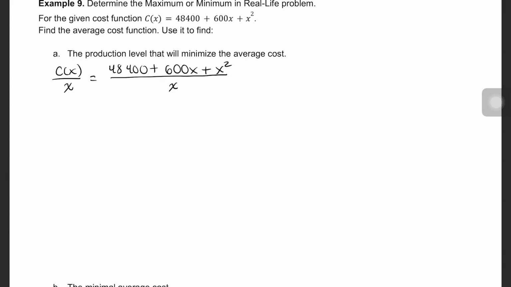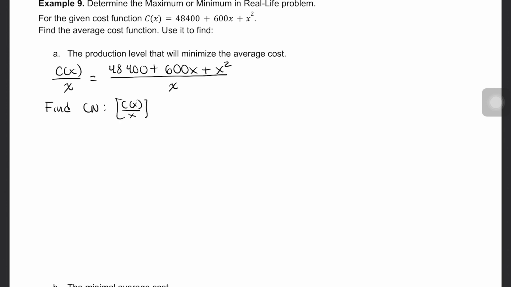So after this, we're going to take the derivative of this to find the critical numbers. Maybe I'll do that in the second line. So let's find the critical numbers of this c of x over x.